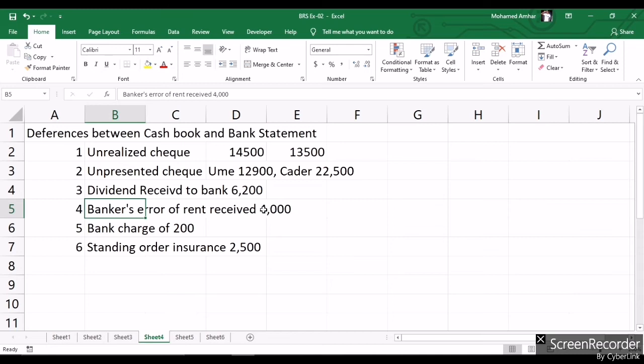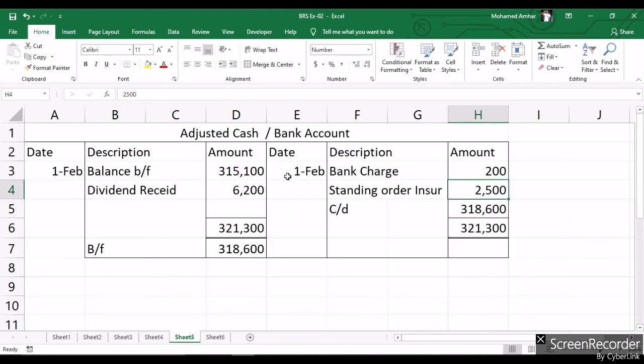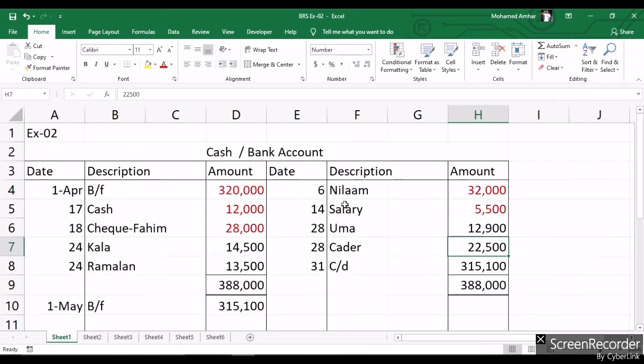It is an error of the bank, so it should not be adjusted in the adjusted cash book, because a check issued but unpresented is not an error of the business. When a check is issued, it is recorded by the business. So that is correctly recorded, and the business need not correct it.